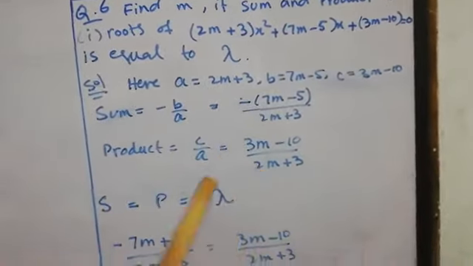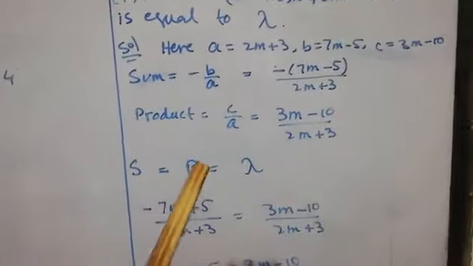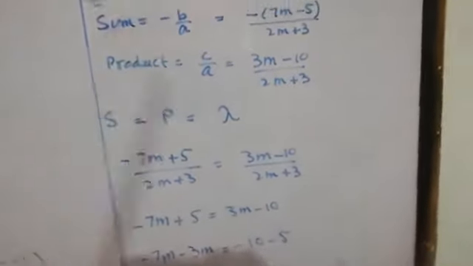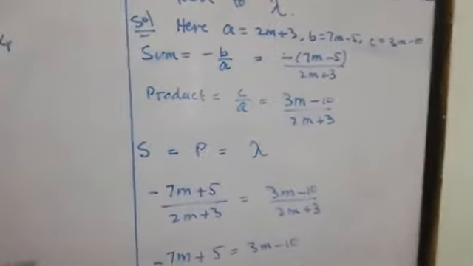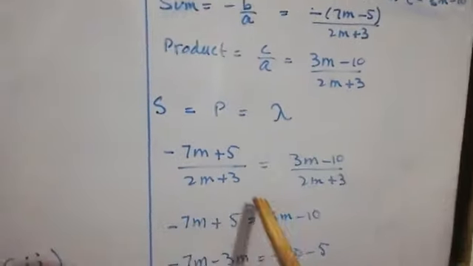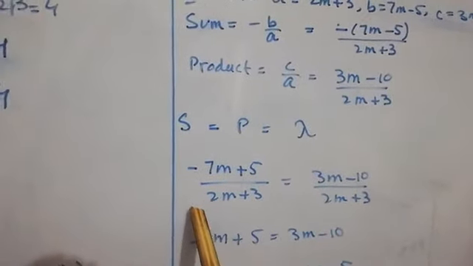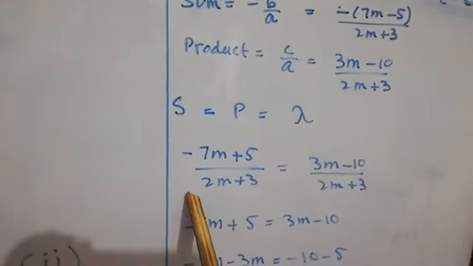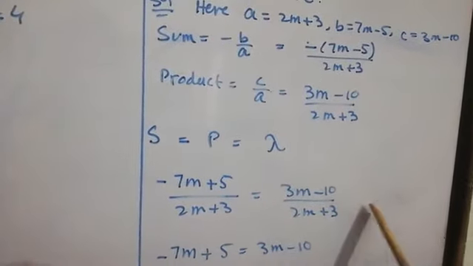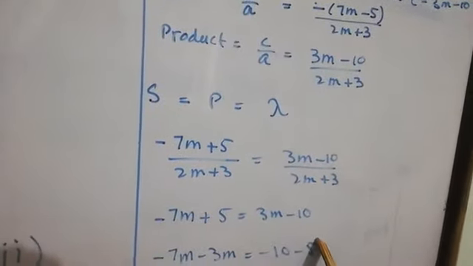Since according to the question the sum and product are equal to lambda, we will put sum equals product, both equal to lambda. So now we will put the values of sum and product here. The denominators are the same, so we will multiply the equation by the denominator 2m plus 3 on both sides, and 2m plus 3 will be cancelled on both sides, and we will get minus 7m plus 5 equals 3m minus 10.